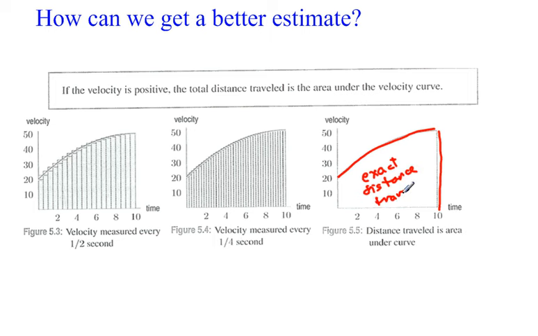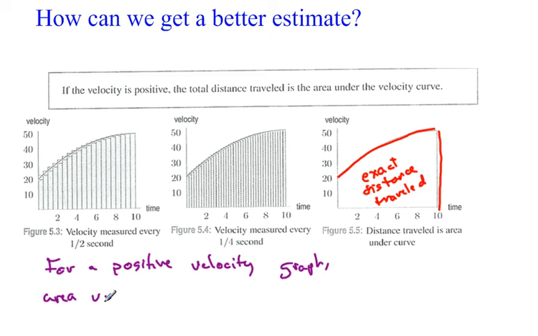So right now I want to make sure that we understand that the area under the curve, and by the way, this is for a positive velocity graph, so one that does not go below the x-axis. So for a positive velocity graph, area under the curve, and when we say area under the curve, we mean down to the x-axis, not below the x-axis.